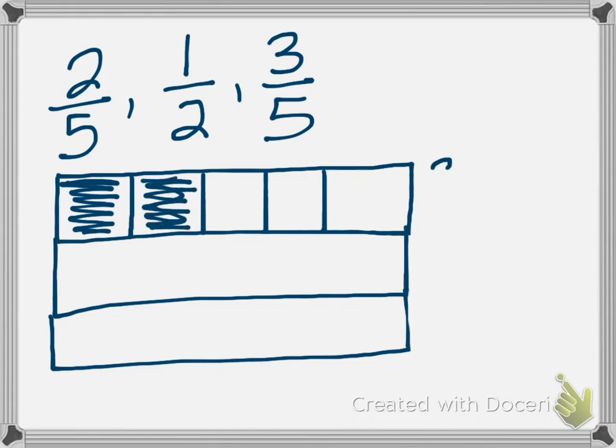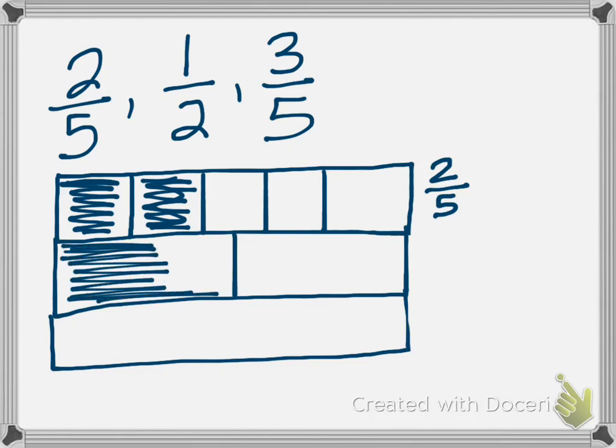This gives me 2/5. The next one I'm going to break into 2 boxes, one just right down the middle. And I'm going to color in one of those, giving me a fraction of 1/2.